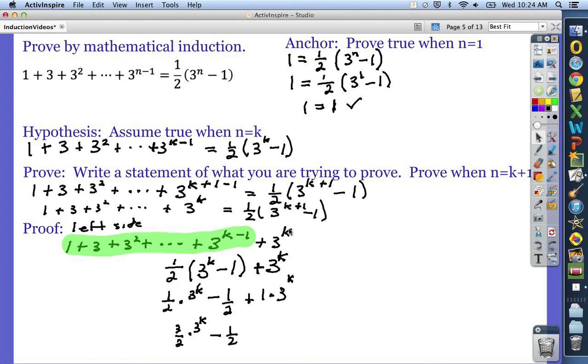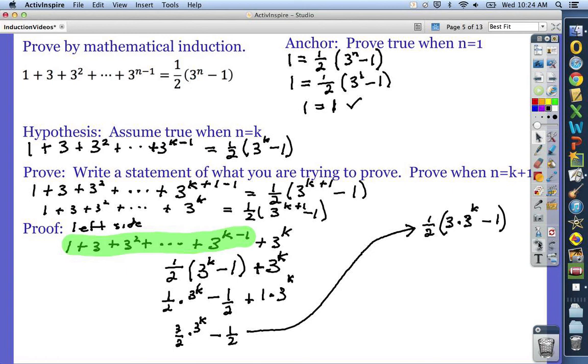Noticing the right side of the proof statement has a 1/2 factored out, it would next make sense to factor a 1/2 out of this expression. So taking a 1/2 out of 3/2 times 3 to the k would simply leave you 3 times 3 to the k, and taking a 1/2 out of the 1/2 leaves you with 1.